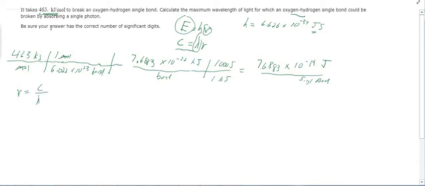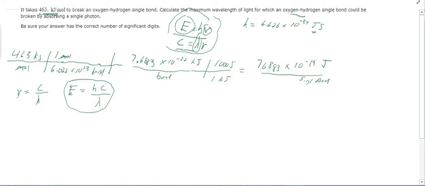The reason I'm dealing with frequency is because I have to tie the energy and the wavelength together, and the only way I can do that is through this equation. So I'm going to rewrite it, substituting in the frequency: energy equals Planck's constant times the speed of light divided by the wavelength.